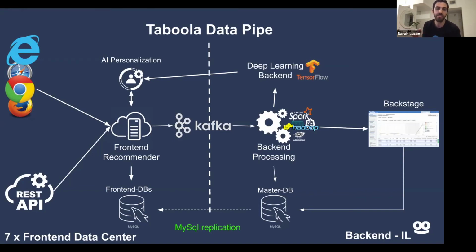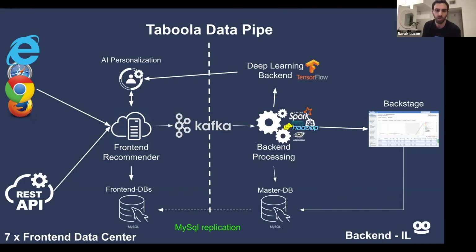Then everything that happens over there will be reported back to the backend layer that we have, which is a data center in Israel. That is done via Kafka. The backend processing layer, which has all the buzzwords, Spark, Kubernetes, Hadoop, Vertica, Cassandra, whatever, is making decisions about how the deep learning model should look.